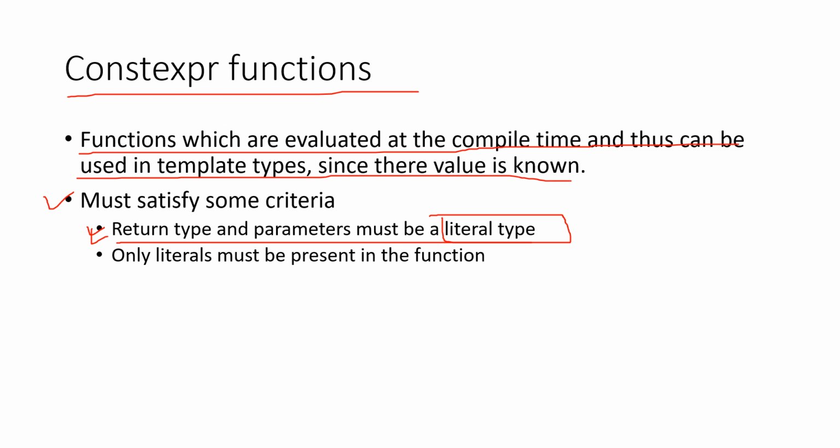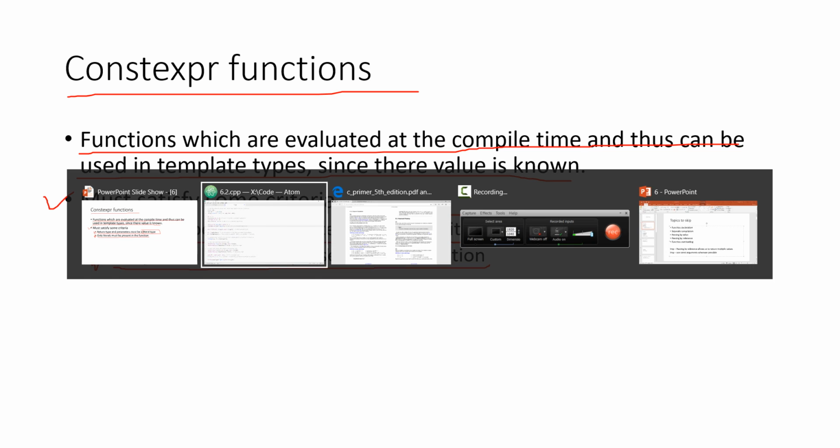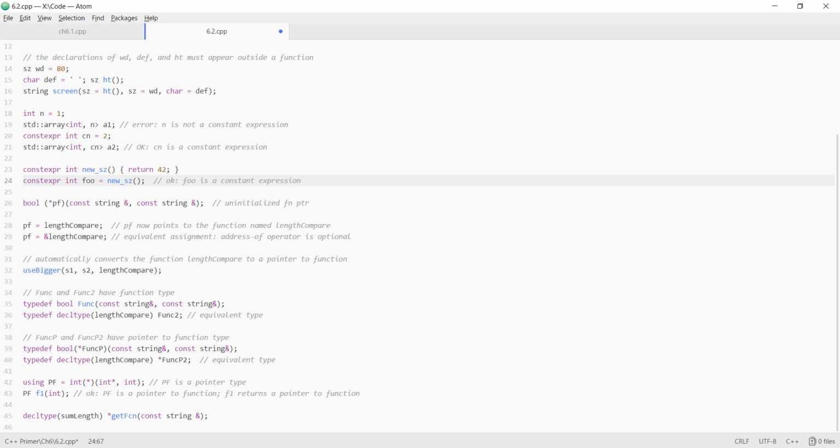And secondly, only literals must be present in the function. This also seems obvious because we want to know everything at compile time, so we must provide all the information which is known at compile time. We will see examples for this.